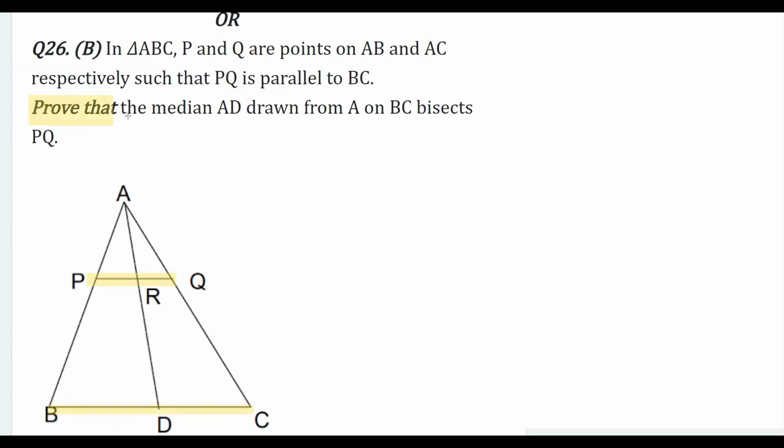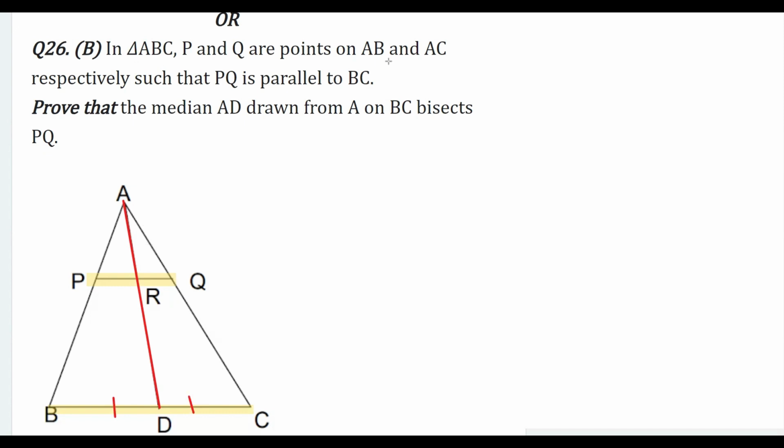And we have to prove that the median AD drawn from A on BC. It's very important to understand that here AD is the median of the triangle ABC. So we know median is what? A line joining the midpoint of a side with its opposite vertex.